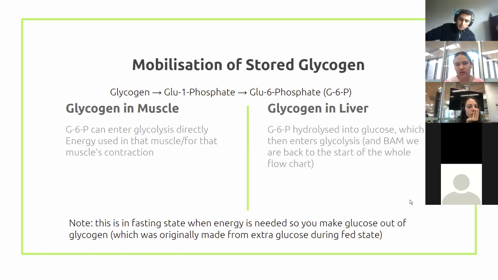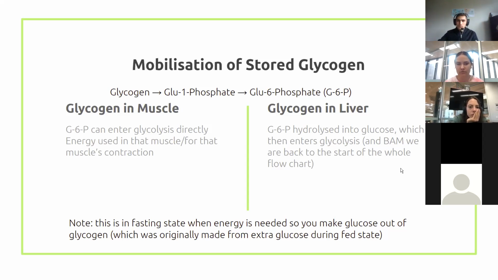Okay, so this slide is about the mobilization of stored glycogen, which is essentially, now we're in the fasting state. We want energy, but we haven't just eaten. We don't just have glucose available, so we have to make it.